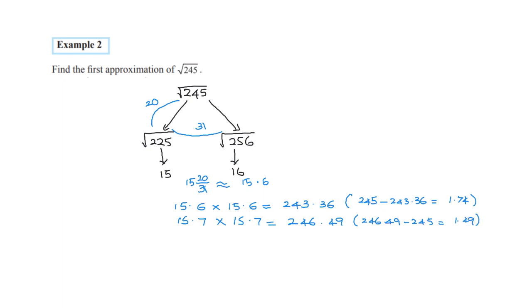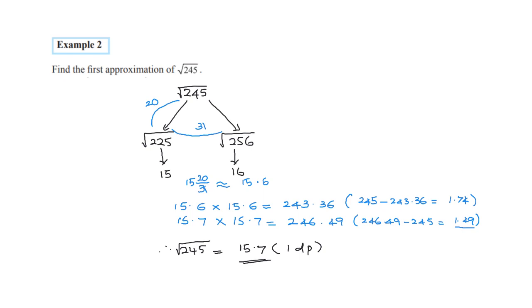Which one has less gap here? That is 1.49. Then our answer will be the square root of 245 is equal to 15.7 to 1 decimal place.